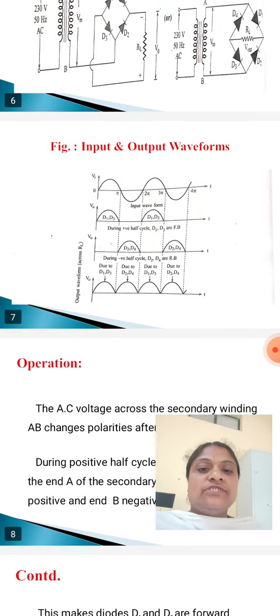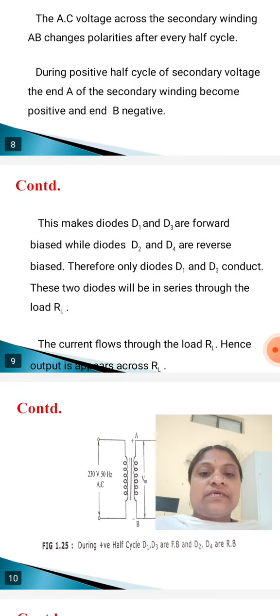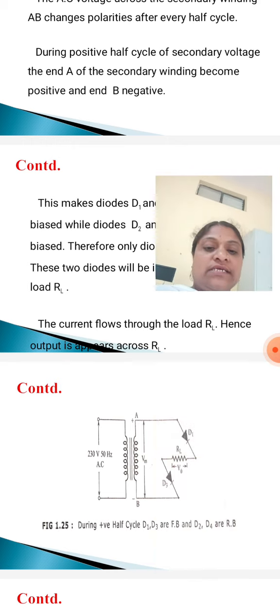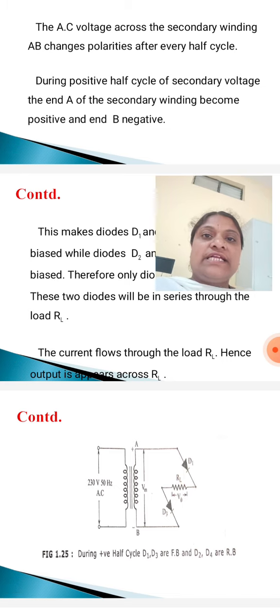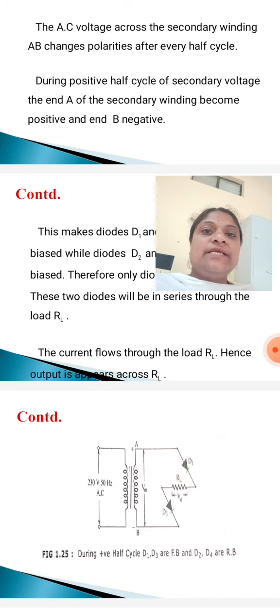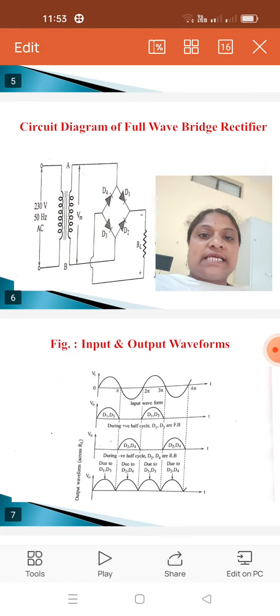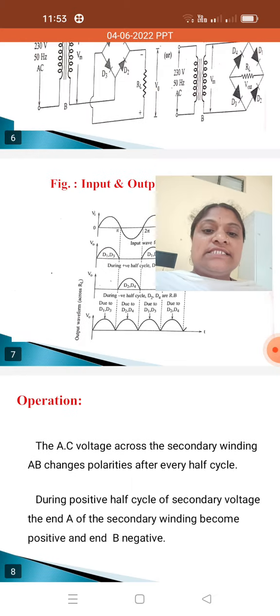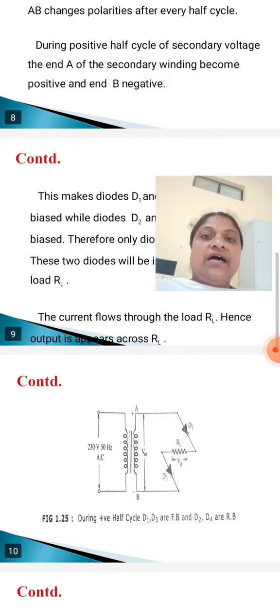Now observe this. The AC voltage across the secondary winding AB terminals changes polarity after every half cycle.